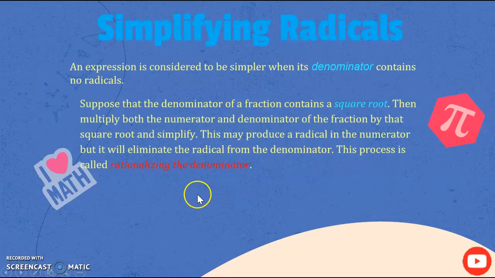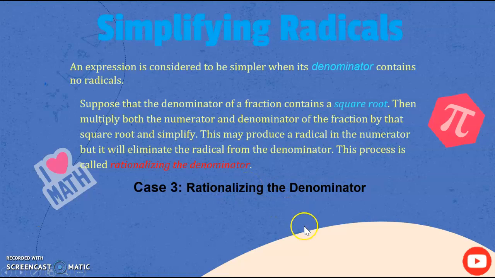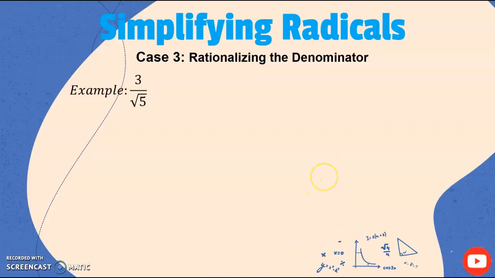This process is called rationalizing the denominator. The main objective is for us to get rid of the radical symbol in the denominator. So let's have our first example, 3 over square root of 5.